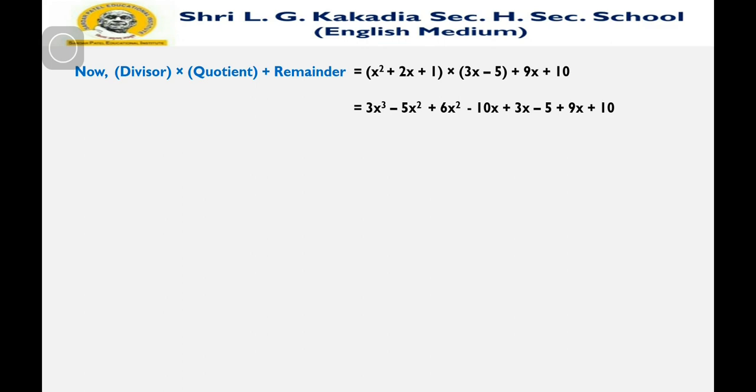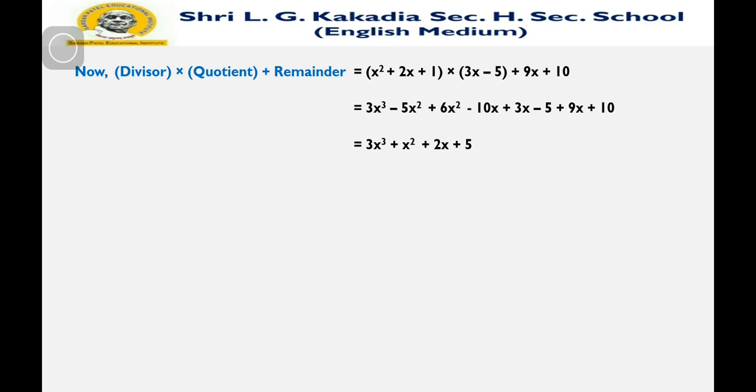At last we put the remainder. Now we do addition or subtraction of similar terms, as we know that subtraction or addition is possible for similar terms, and if the remaining are dissimilar, then we put them as they are. So 3x cube as it is, here minus 5x square and plus 6x square, then we do subtraction, so the remaining part is x square, and 6 is the last term, so we assign plus sign.